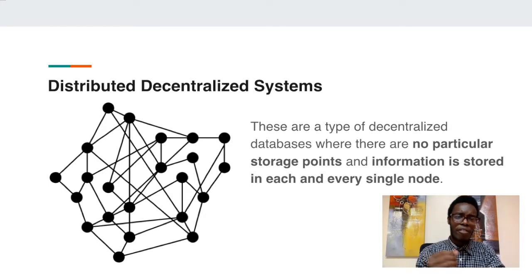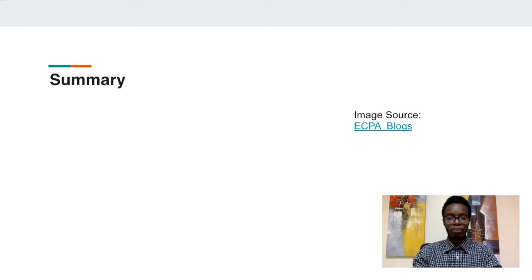So each and every single network participant stores a copy of transactional records, a copy of the information or data that's supposed to be kept within the network. This makes it even more reliable than decentralized databases. Distributed decentralized systems form the basis of blockchain technology, and we'll be exploring these further in the next lecture.